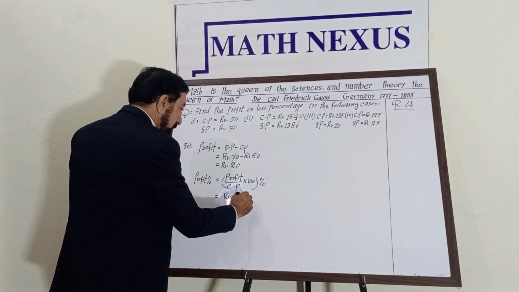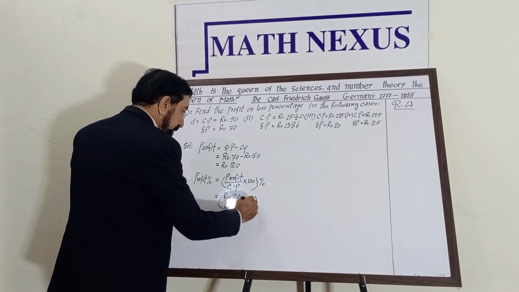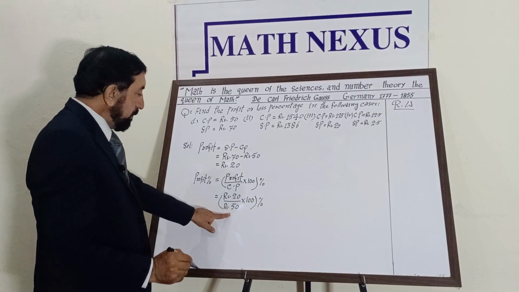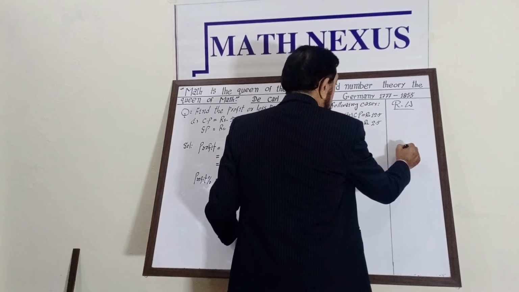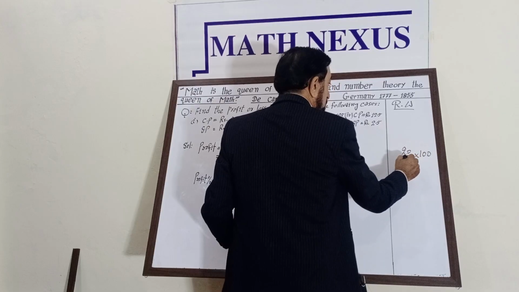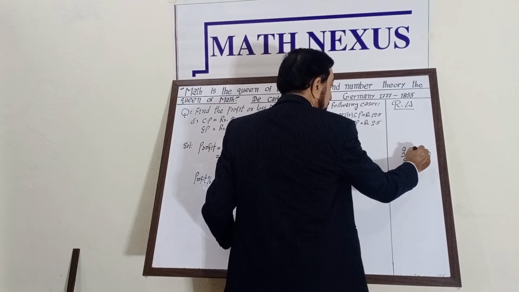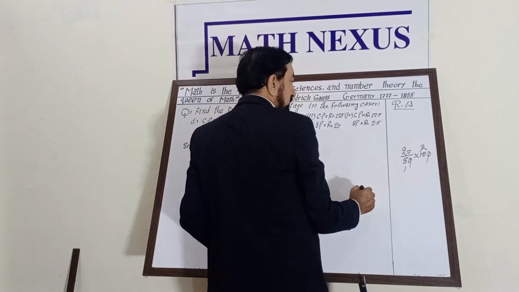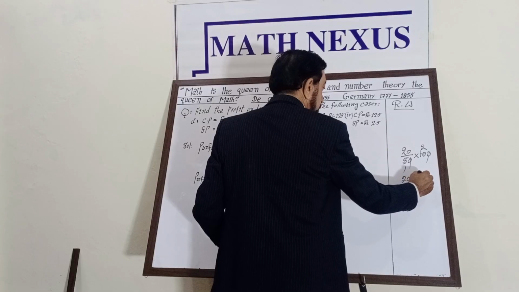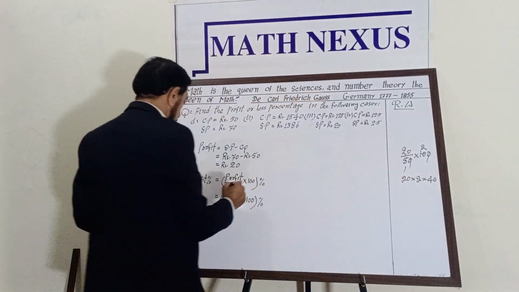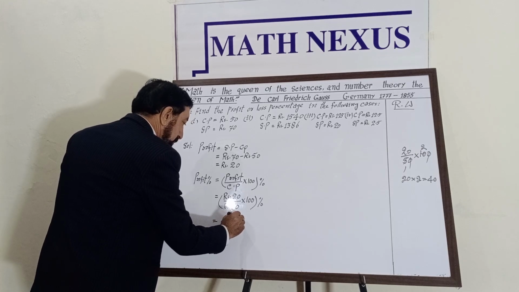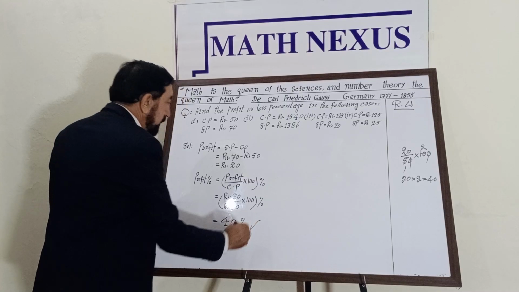Here 20 upon 50 into 100, which is equal to 40%. This is the answer of this question.